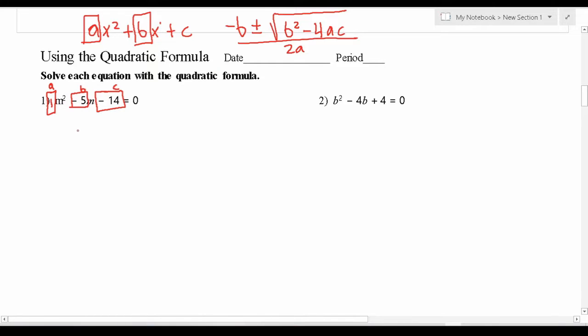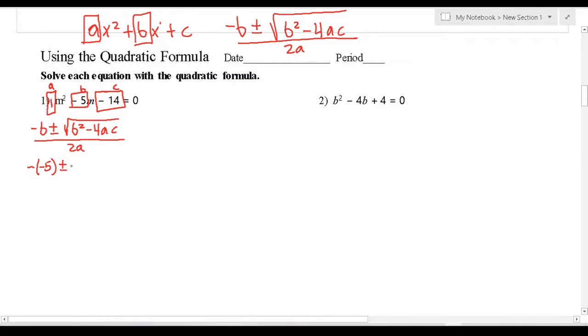So let's go ahead and start by writing the quadratic formula down. Again, that's negative b plus or minus the square root of b squared minus 4ac, and that's all over 2a. Our b, as we identified, is negative 5, so that's going to look like this. Negative of negative 5.